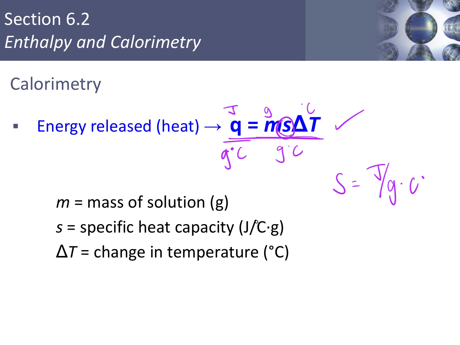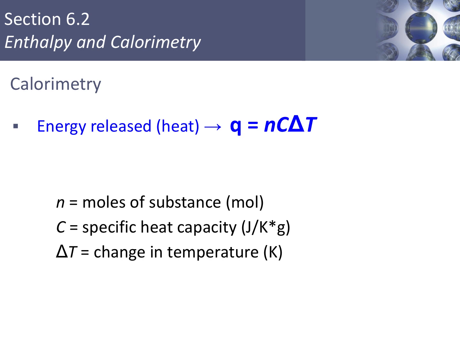This next one is using the, I didn't change this right here, sorry. I don't know where my slide is wrong here. This needs to say molar heat capacity. So my slide was wrong there, so go ahead and fix that if that's on yours. This is when we're talking about the moles of substance. So this is the molar heat capacity, and this guy right here would change to moles.